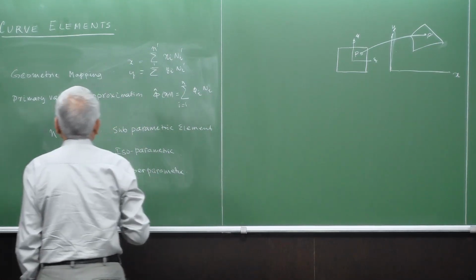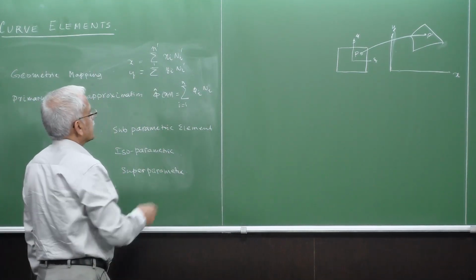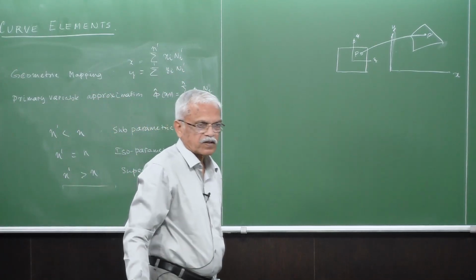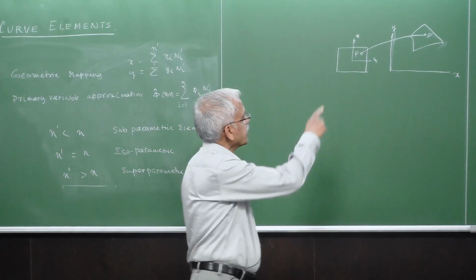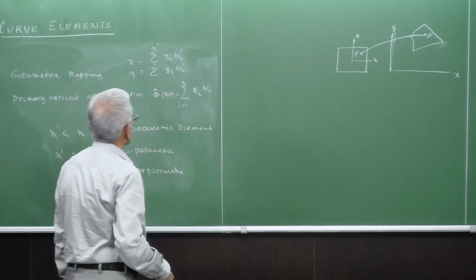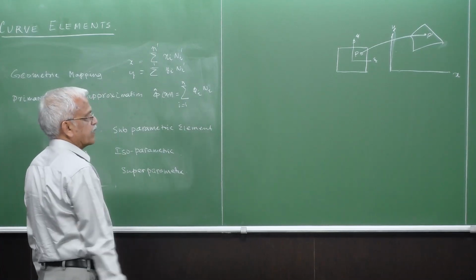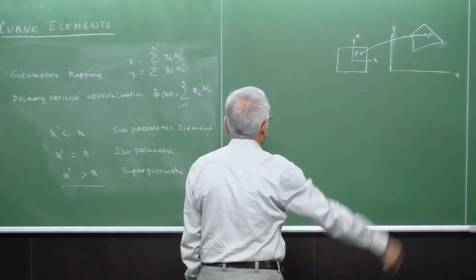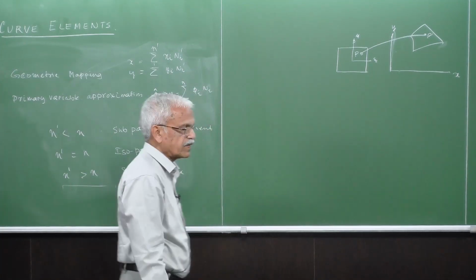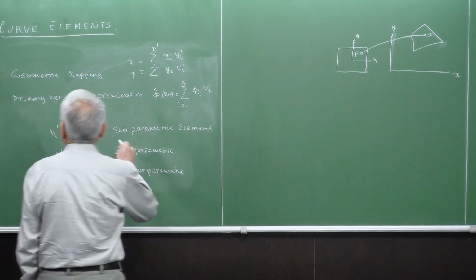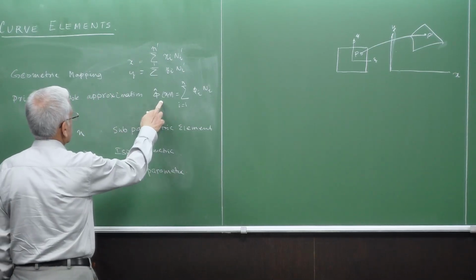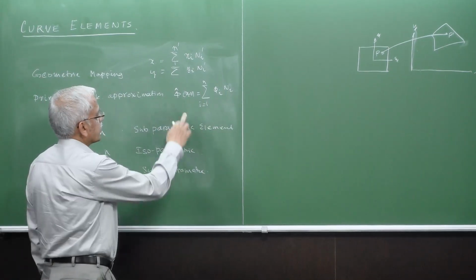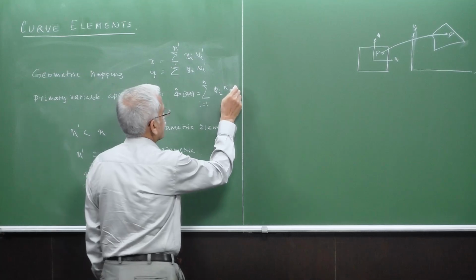Depending upon the kind of functions which you use, the complexity of the element in the xy axis will be determined. From a simple case of quadrilateral to curved elements, and even more complicated curves, we can attain. Apart from that, we have the primary variable, phi hat, which is defined here and is also expressed in terms of shape functions.